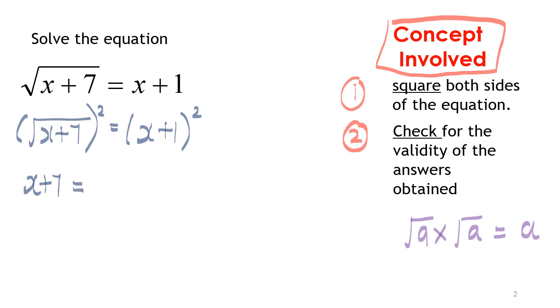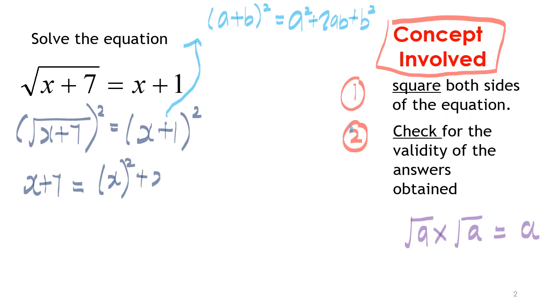You will have to use the algebraic identity: bracket a plus b close bracket squared. Right, so let's expand it. Let's simplify.